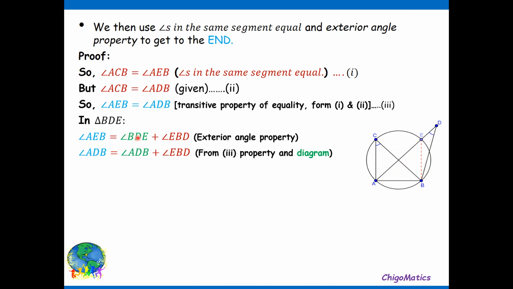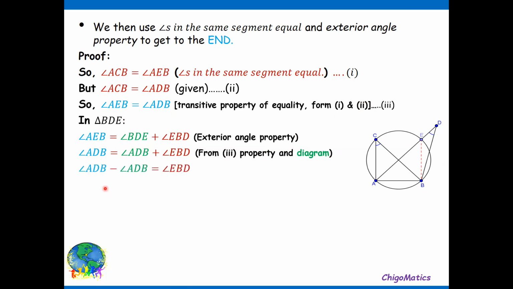So angle BDE is the same as ADB, and the other angle is going to be substituted because it's equal to this one. Then we have this expression from 3 and from the diagram, which is one and the same thing.